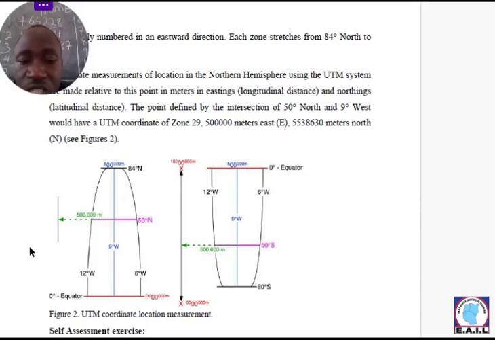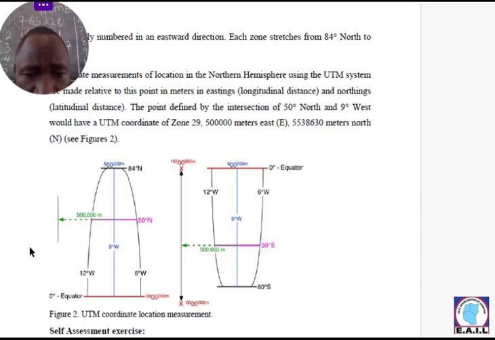The first one shows that from the equator it is 0 degrees. When you extend it to the west, it is 6 degrees west, and further on this side of the west, it shows 12 degrees west.